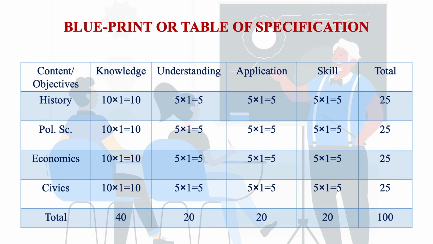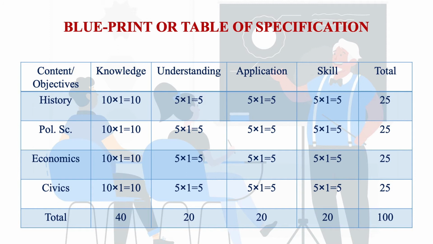Then weightage to objectives is knowledge, understanding, application and skill: 40% for knowledge, and understanding, application and skill 20% each. Then the total items will be 100, and the form of item will be multiple choice questions, and each question is having 1 mark.